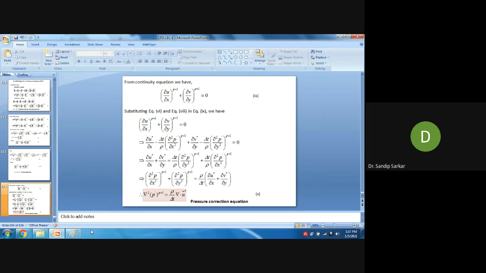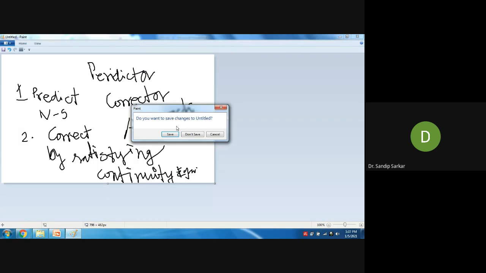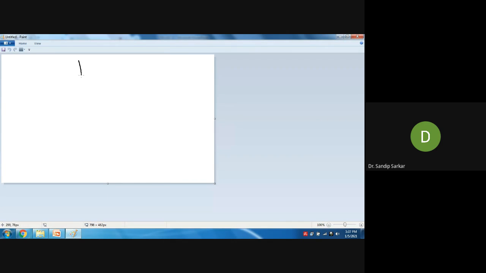Once you know p prime, let me write it in a different way so that it will be clear to you. In the predictor step, you have obtained u star and v star. This is known, also p star. Then we put u star and v star in the pressure correction equation.